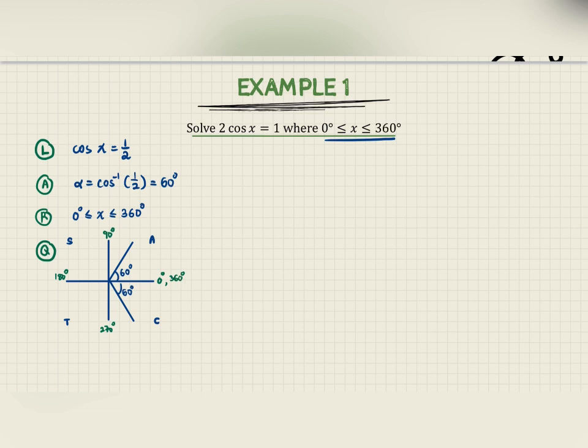So that means your rotation will start from 0. Okay, start from 0 and then kamu pusing sampailah jumpa balik semula 360. So dekat situ kita akan stop. Okay, so now kamu akan nampak kita ada dua intersection point. Ini yang pertama dan ini yang kedua.